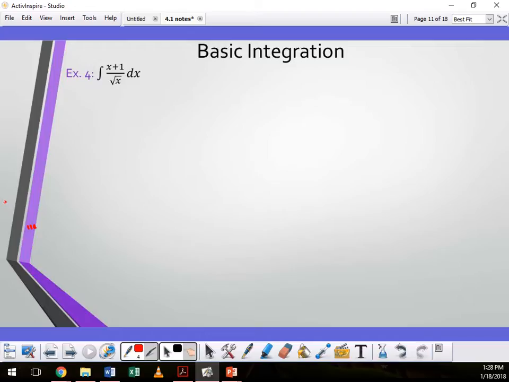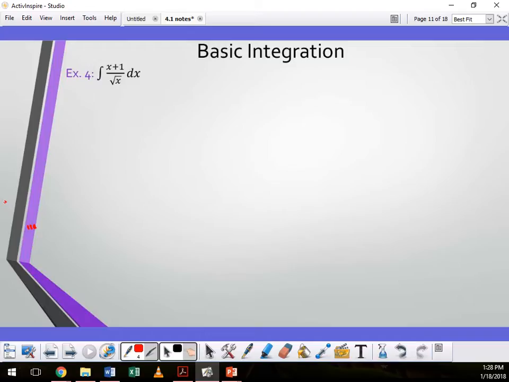Now for this one right here, I have to do some algebra to set it up. In calculus, for integration, I don't have a quotient rule. I don't have a product rule. I have other things that I use instead. I have terms on top and bottom, so I can separate these because they're over a common denominator.